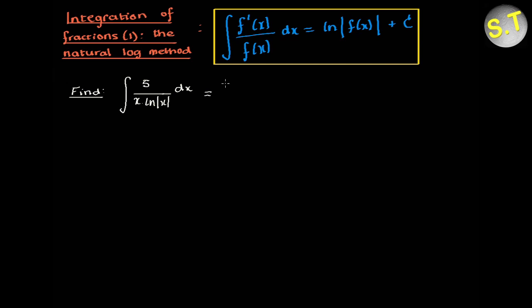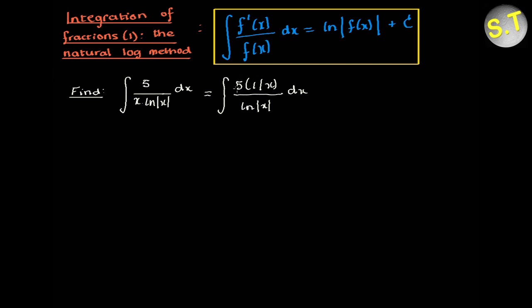However, this is the same thing as saying 5 times 1 over x on the numerator and just having the natural log of the absolute value of x on the denominator. And we know that the derivative of the natural log of x is 1 over x.